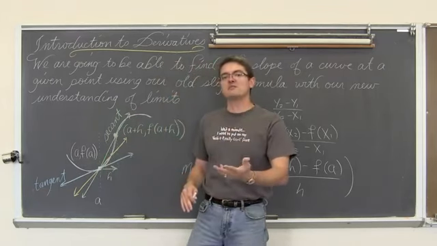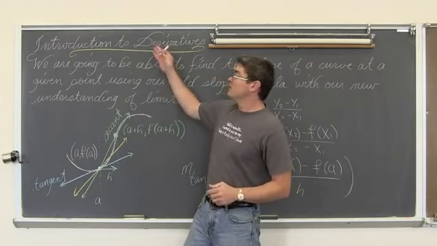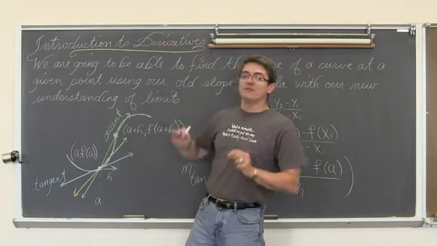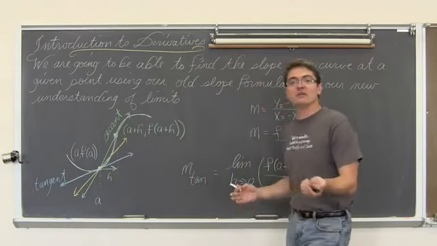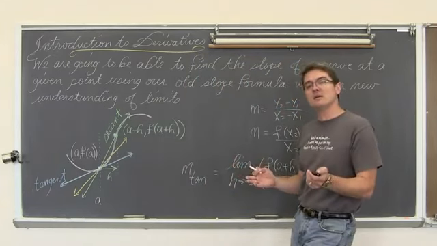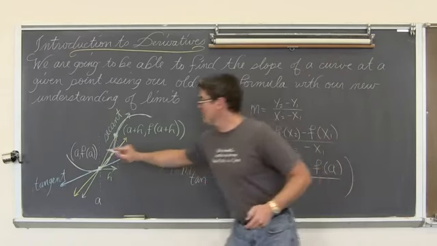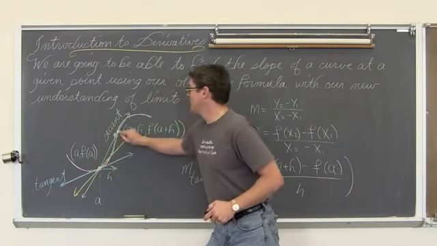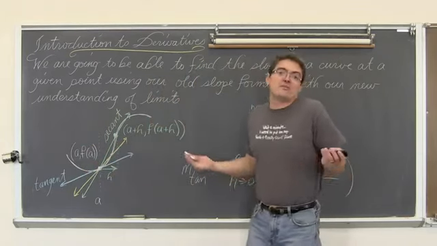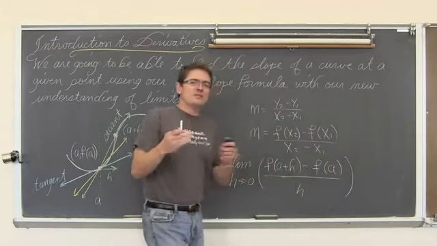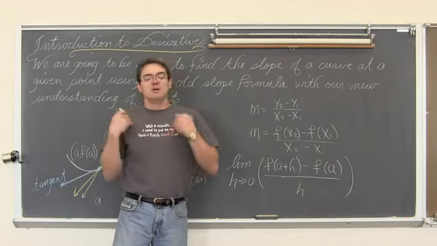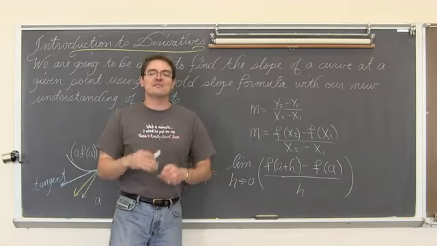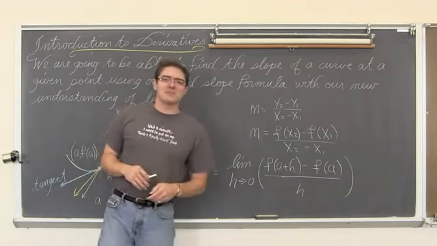All I have to do is put in an x value, and that second video will actually be finding the derivative of the original function. A derivative is just simply an equation that allows you to find the slope of a curved graph at any given point. All you have to do is put in the x. But we're not that far yet. So we're just going to find the slope at a particular point at which we're asked to find the slope. Let's see what those examples look like.